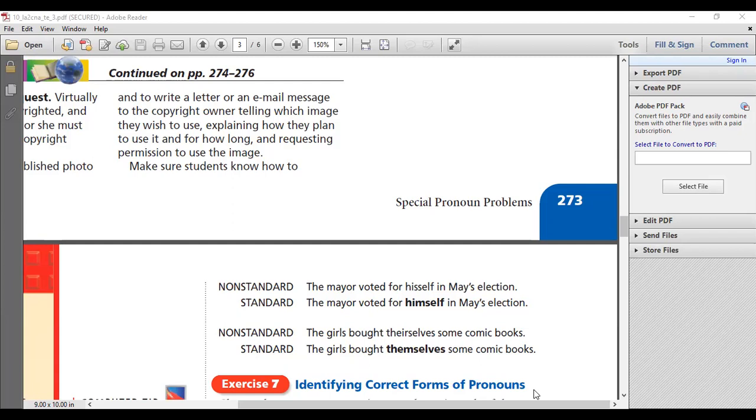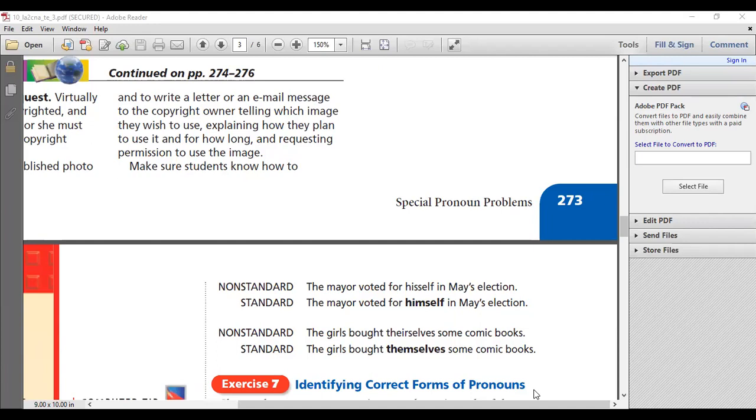The guests helped themselves or their selves to the appetizers. Which would you use, Noor? Noor, are you there? Yes. Can you please answer number 14? Which choice would you use?